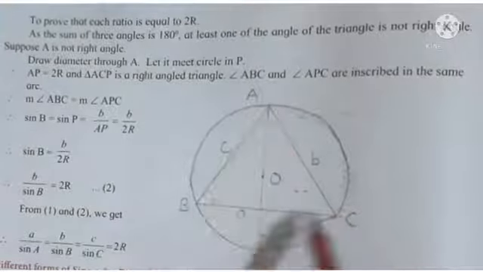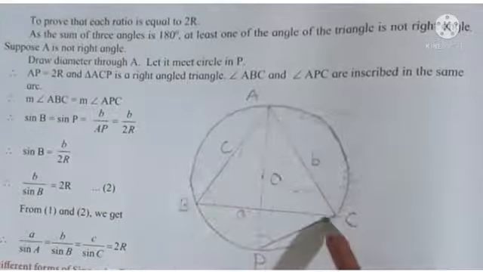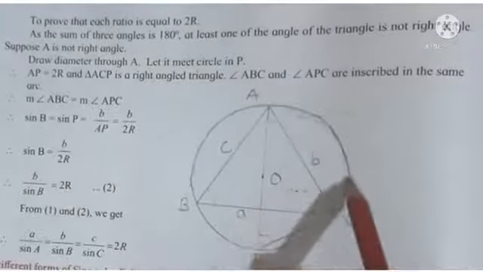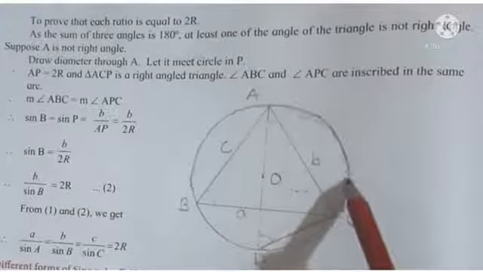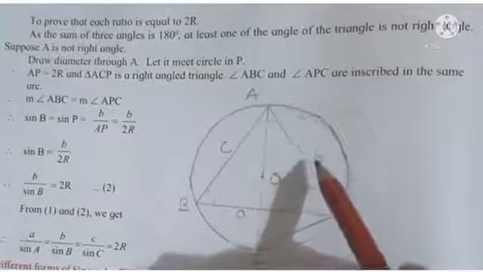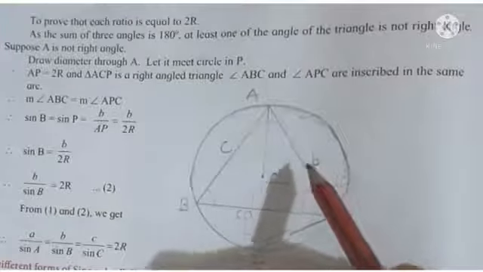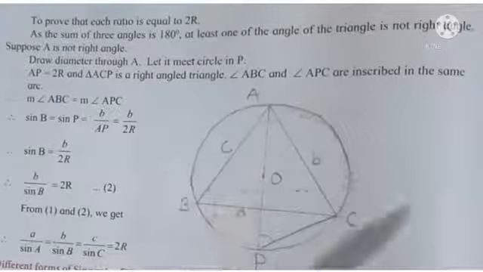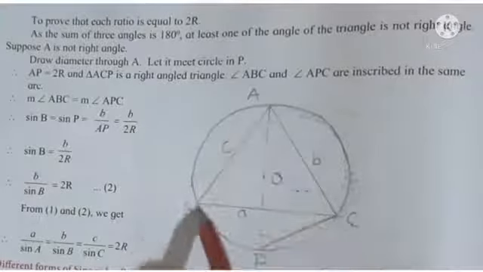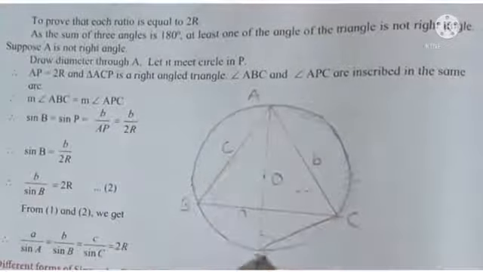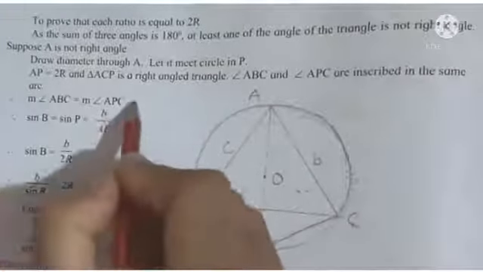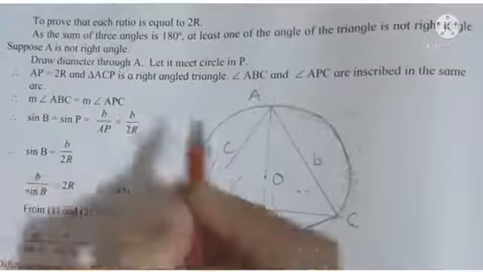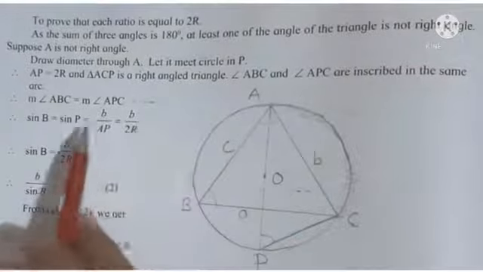So angle ABC and angle APC are inscribed in the same arc AC here. You learned the theorem: angles inscribed in the same arc are congruent. So here angle ABC is congruent to angle APC. Why? Because angles inscribed in the same arc are congruent.